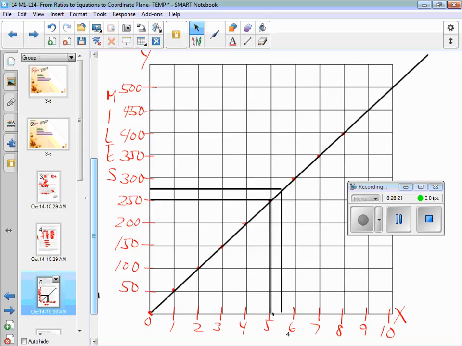Joe D. Maybe you agree with Joe D, 475. Great. I'll trace it without actually drawing the line. But here's 9.5 right here. I trace up to where it meets the line. I trace across. And halfway between 450 and 500 is 475.